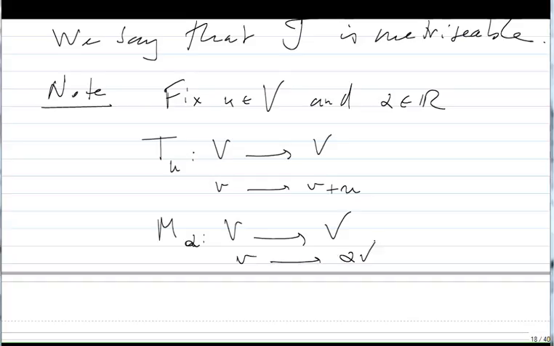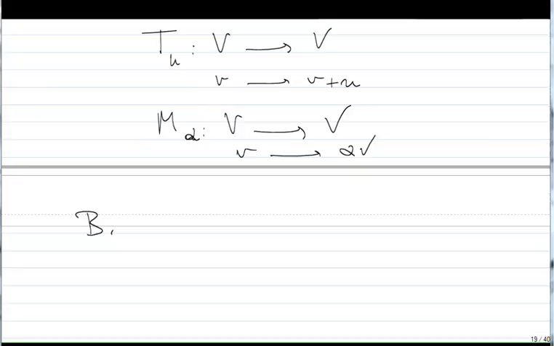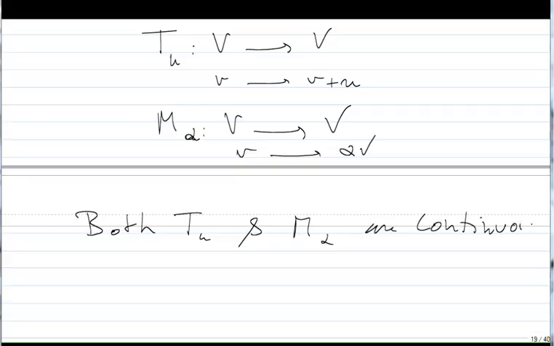So both functions, T u and M alpha, are continuous. This is true whether you are metrizable or not. Once you have a topology T for the family of seminorms P lambda, these two vector functions defined on V are both continuous, which means that the addition and the multiplication by scalar are continuous, which by the way is not very hard to prove in the case of the Pn's and in the case of the distance D that we defined above.